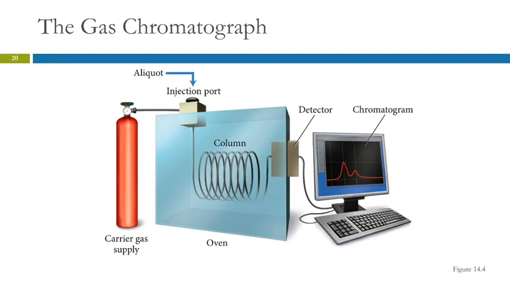And so then you've got some sort of a detector here, and as the gas comes through the detector, you've separated the components of the mixture, and so you can measure just one, or you could measure a bunch of them if you'd like. And so you get a signal like this over time, that here's one component coming out and there's another component coming out, and we can measure their concentration based on how tall those peaks are.